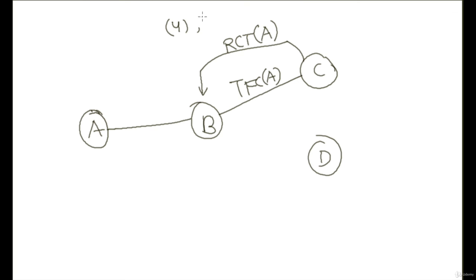So one more RCT message is sent with 3, and when that also passes, that means the priority has been changed to 3, and this will just keep on happening till C receives the TFC message. Okay, so let's say at level 2 the RCT does not pass and A sends the TFC message with the priority 2. So with that information, C can update the congestion status.